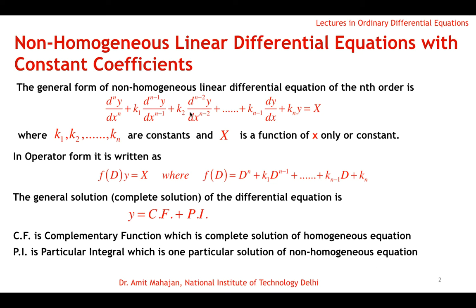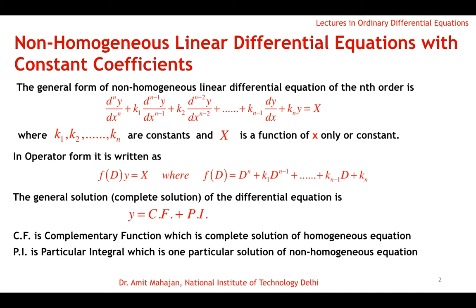So to solve a non-homogeneous equation, we first solve the corresponding homogeneous system and find the complementary function, and then for the non-homogeneous system we find one particular solution which we call the particular integral. The sum, complementary function plus particular integral, becomes the complete solution of the differential equation.